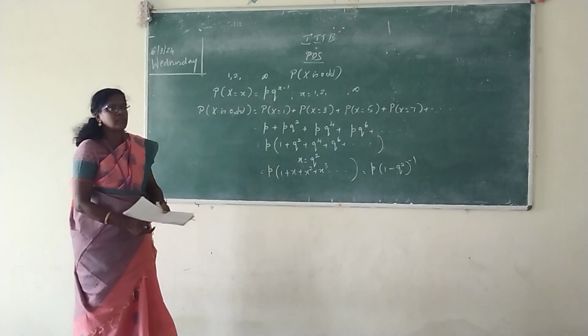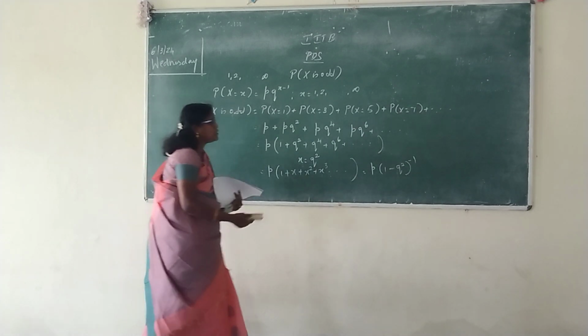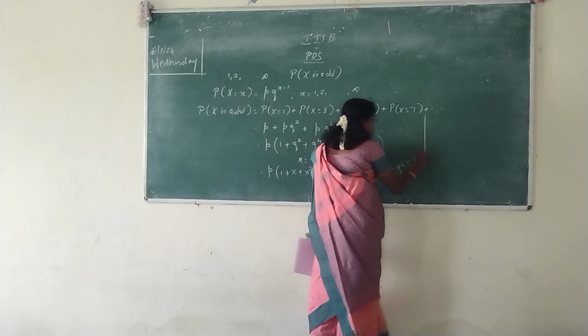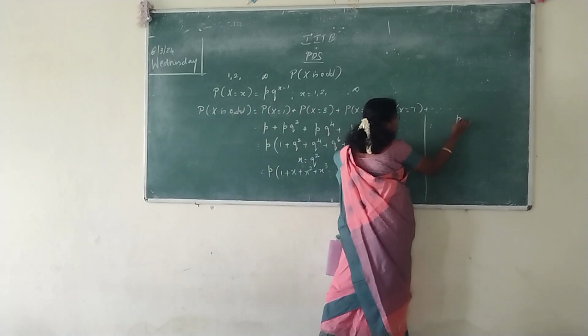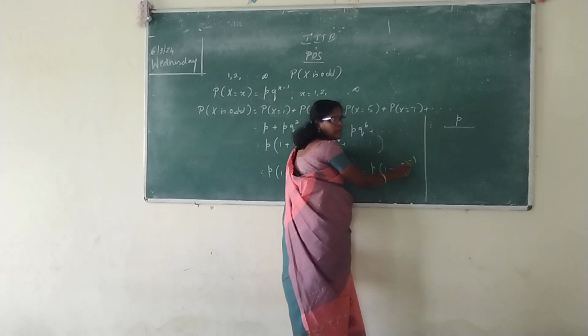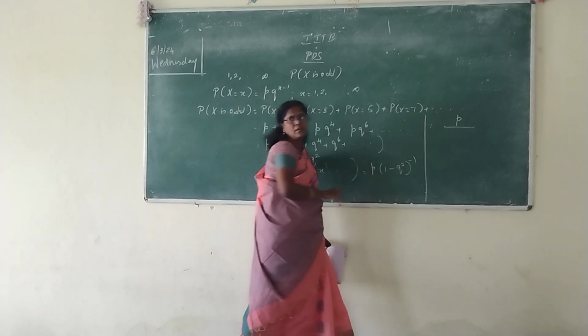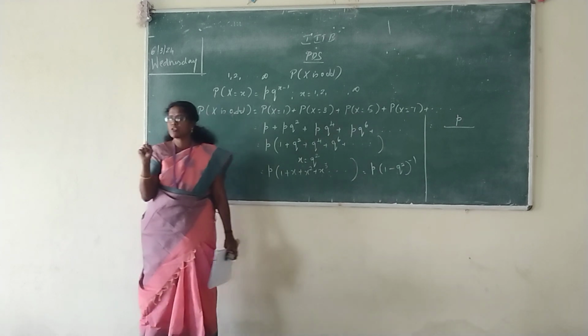Try to simplify this. Since this is a negative power, it will come in the denominator. So the denominator will have 1 minus q square.